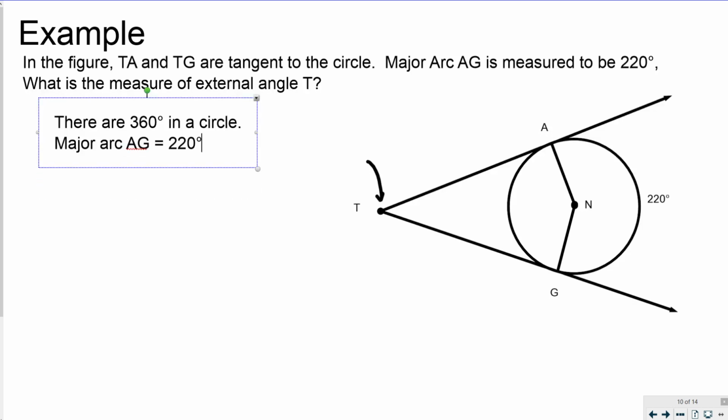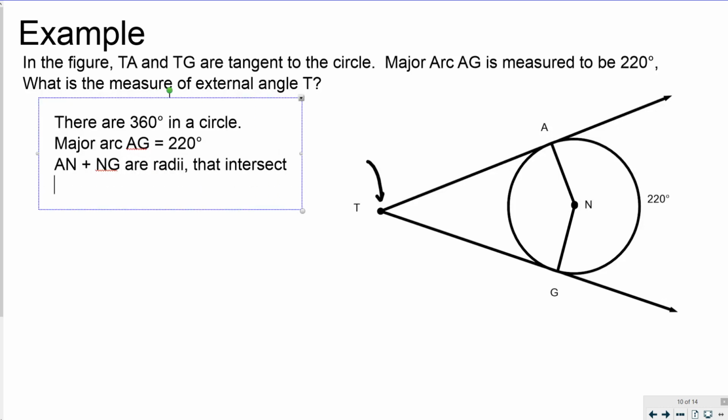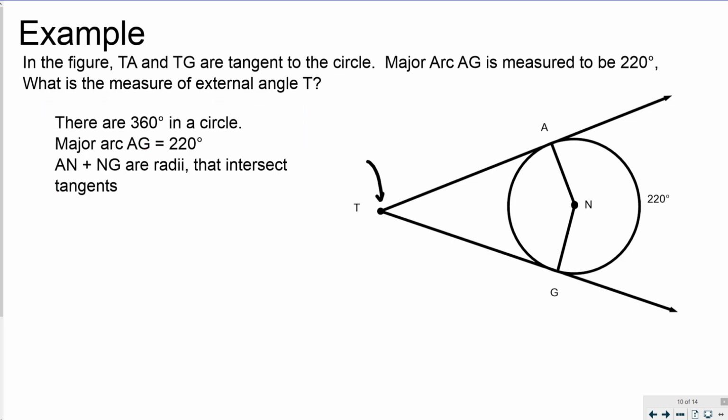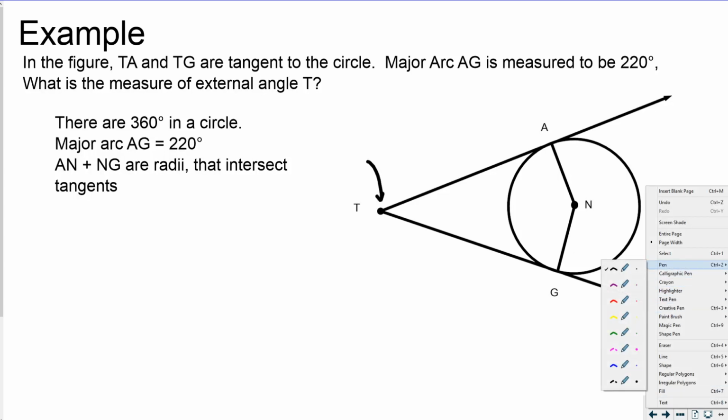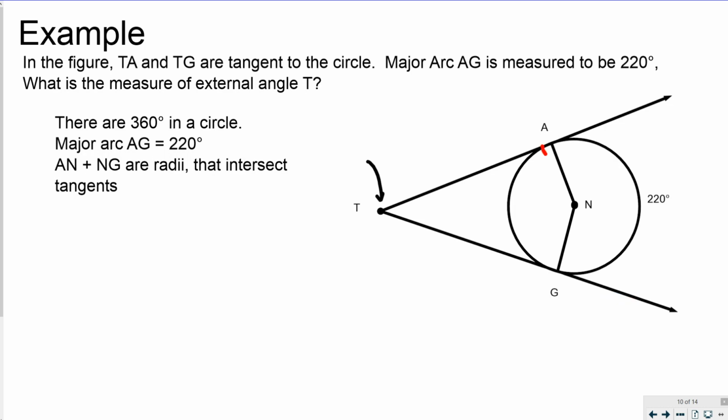And we also know that AN and NG are radii that intersect tangents. So that last statement tells me that the two angles here are 90-degree angles, which will be important in a little while.